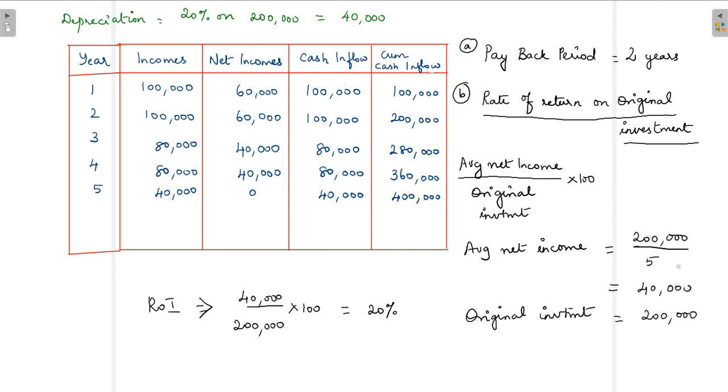So the average net income is 2 lakhs divided by 5, which is 40,000, and the original investment is 2 lakhs. So the rate of return on investment is 20%.